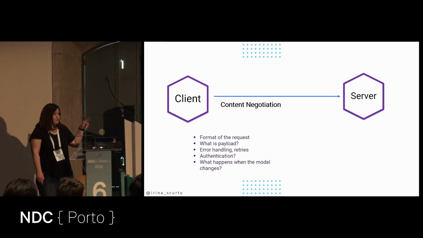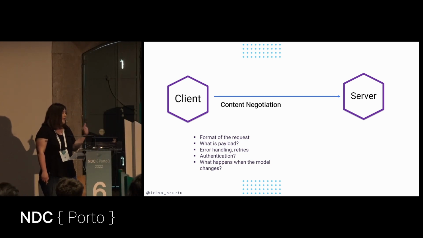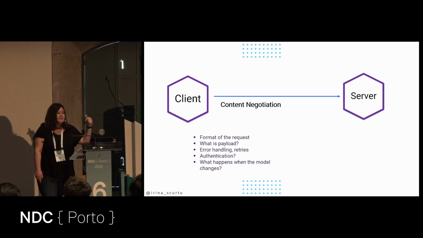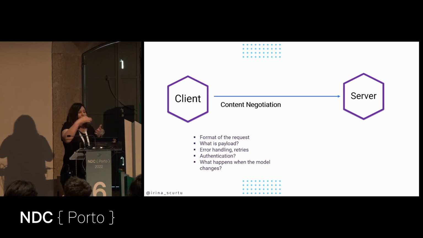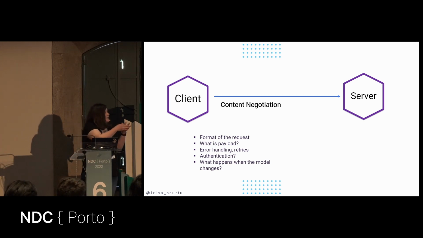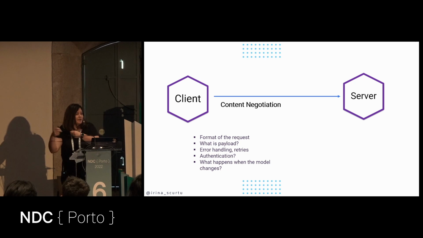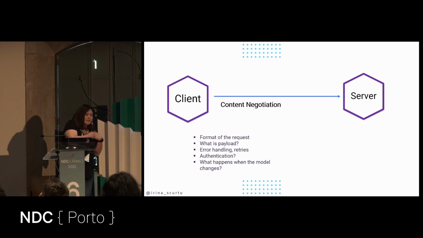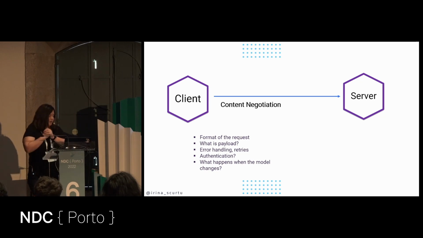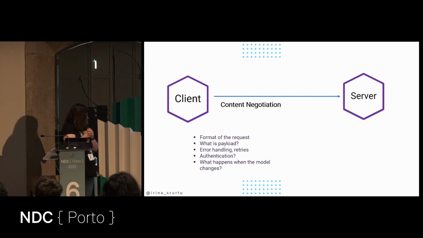Everything is self-contained in those requests. We have headers, we have verbs, and the server understands what we want based on what we sent. If we send a content type of a specific MIME type, it will give us a specific response back. If we send another MIME type, maybe it will send a different representation of that resource.